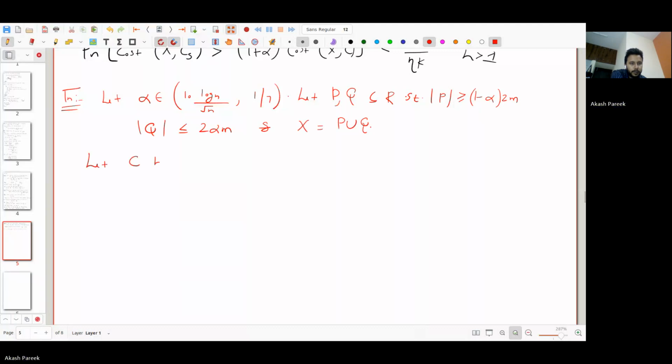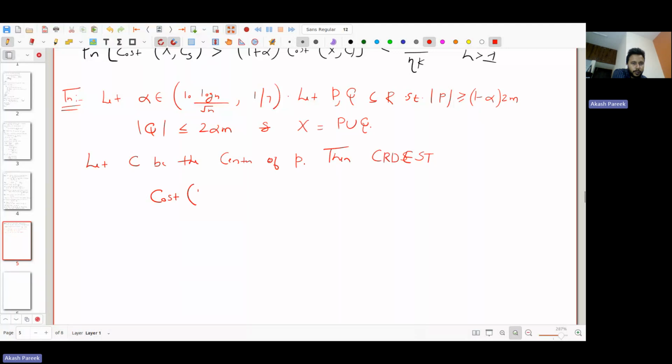Let C be the center of P. Then the algorithm grade estimate on input point X gives a point C dash, which is the output of grade estimate.